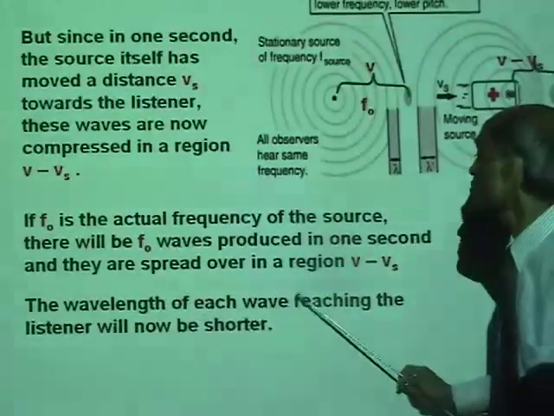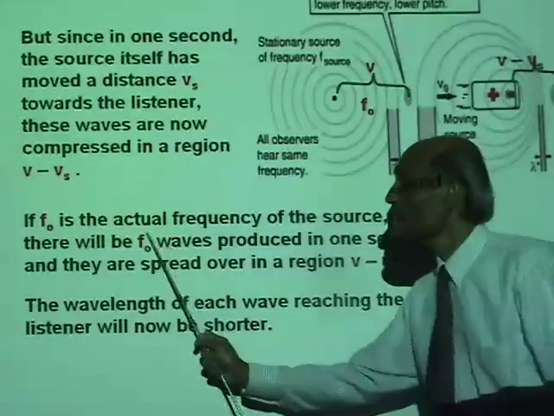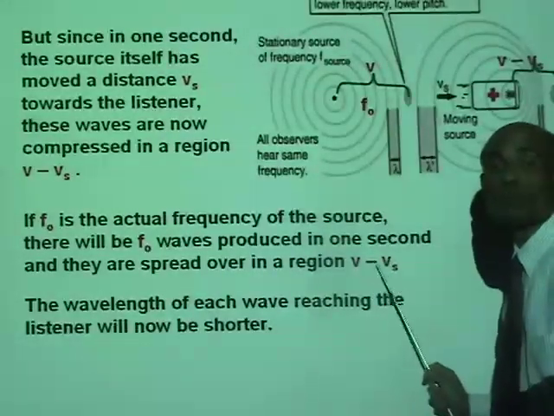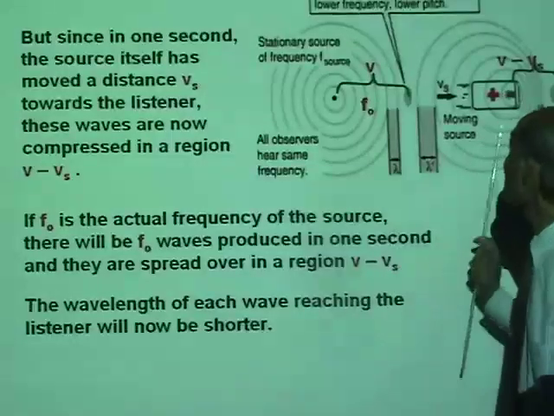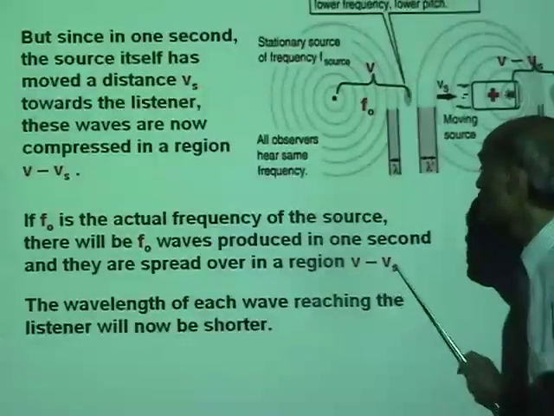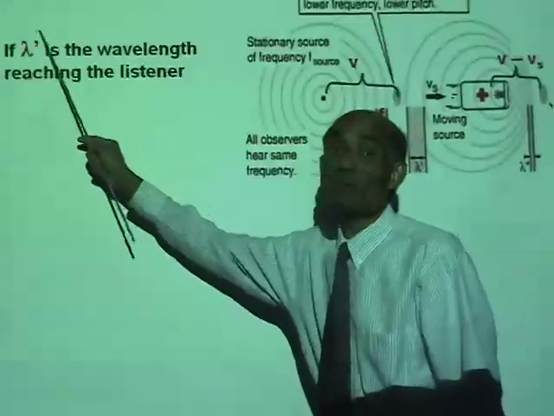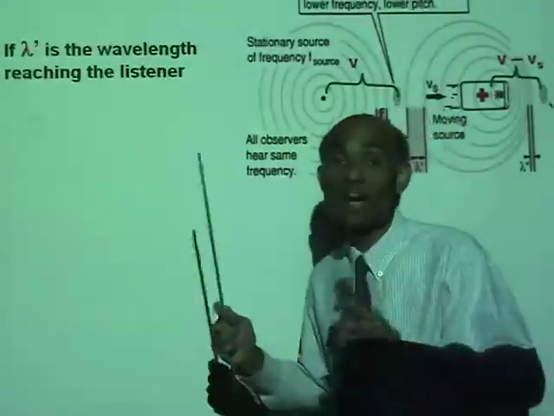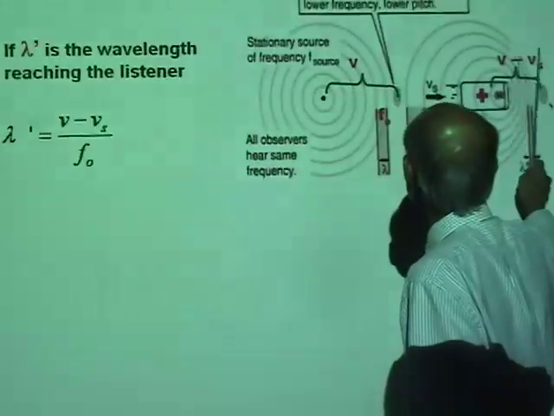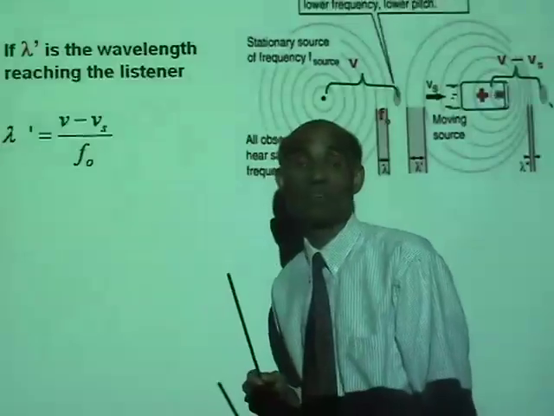The wavelength of each wave reaching the listener will be this distance v minus vs divided by the number of waves, which is f0. If lambda prime is the wavelength that reaches the listener, it is (v minus vs) divided by f0.